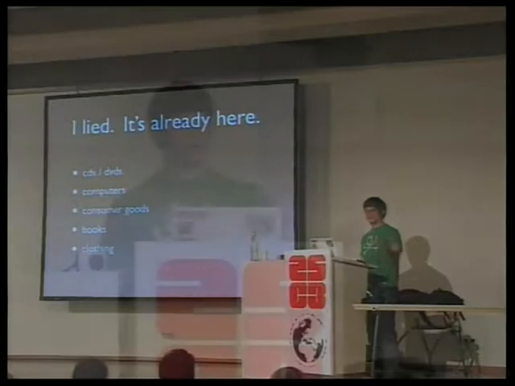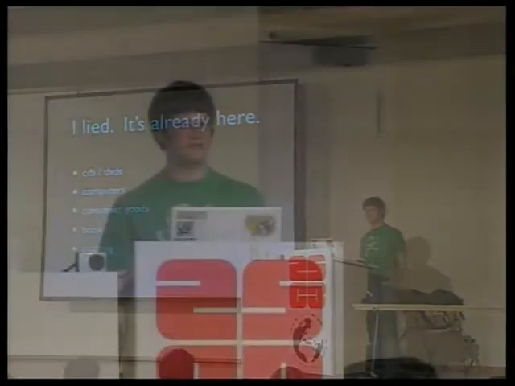Same thing with just random consumer goods. Even the crappy plastic toys that you can get are usually made from molds that are cut by CNC machines. Books are another example. These things are made by automatic printing processes. And even something as simple as a shirt is made on highly automated machines. It's only really in the final step that humans sew them together into a shirt or a shoe or so forth.